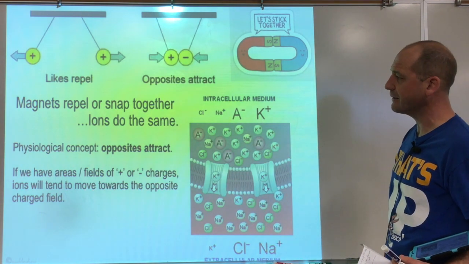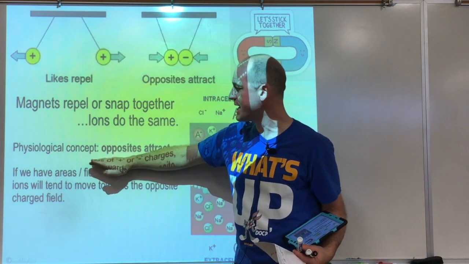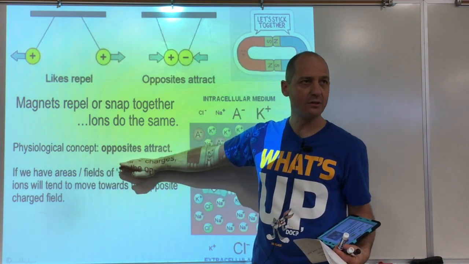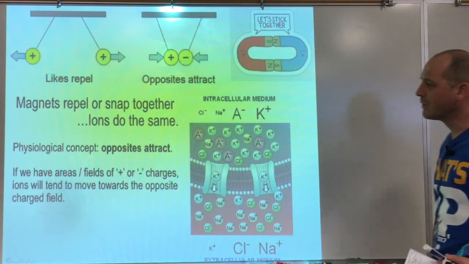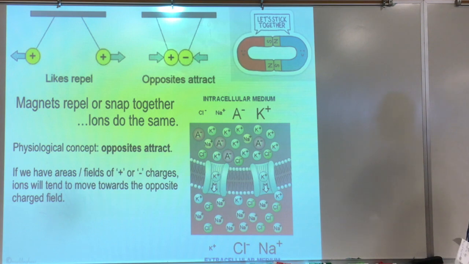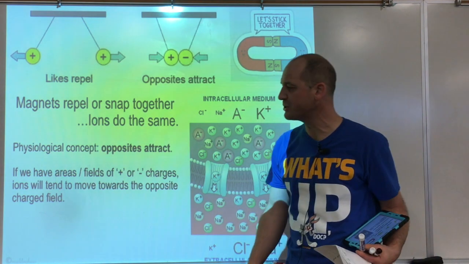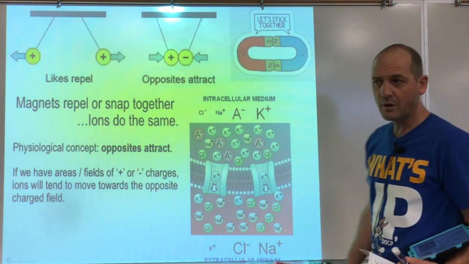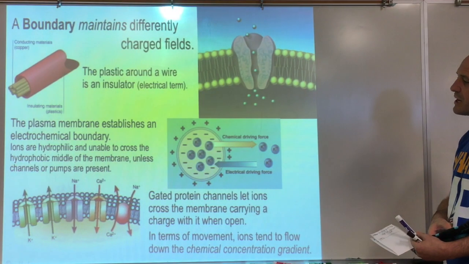Ions do the same thing. The physiological concept that we need to understand is opposites attract. The positive and the negative are opposites. If we have areas or fields of positive or negative charges, ions will tend to move towards the oppositely charged field. Actually, I want to move away from that slide and go to the next slide here.